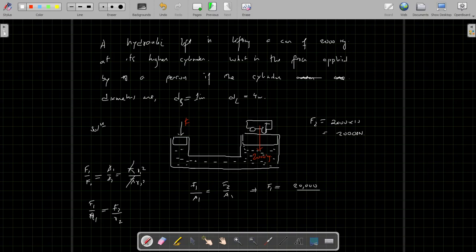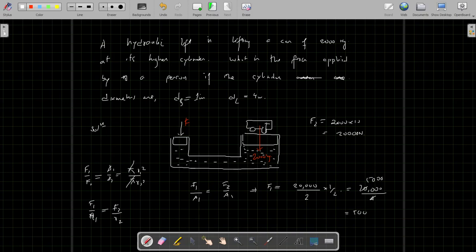So the diameter would be 1 meter, that means 0.5 meter, half meter. So F1 by 4 would be 2 into half. So that means 4. So 20,000 divided by 4 gives me 5,000 Newton.